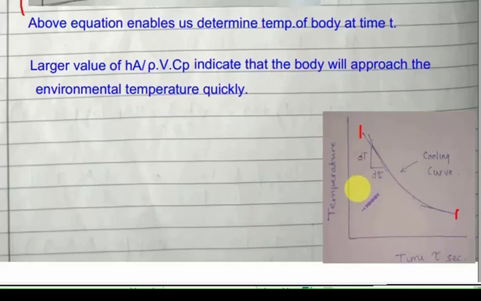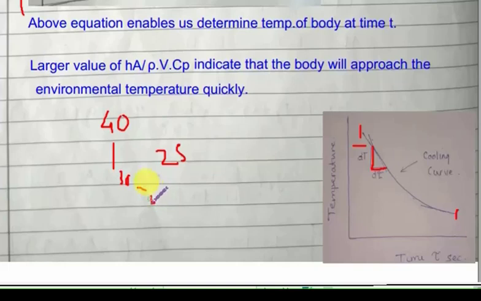So this is nothing but exponential fall of temperature. Initially the fall of temperature is very high. From this graph you can see that the temperature has fallen by a much higher value in just a small time dt. Why? Because initially the temperature difference is large. For example, the atmospheric temperature is 25 degrees and the body is, say, 40 degrees. So initially the temperature will fall quickly, say from 40 to 30, in a small time interval.